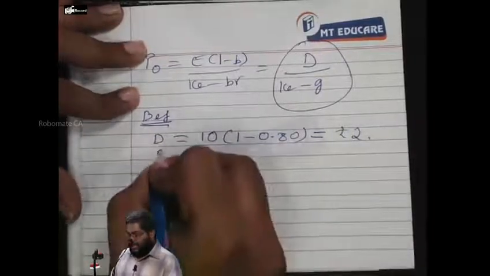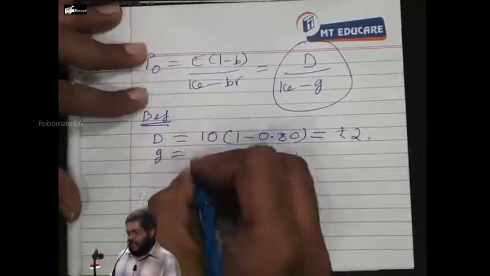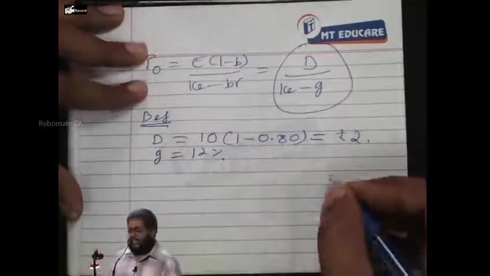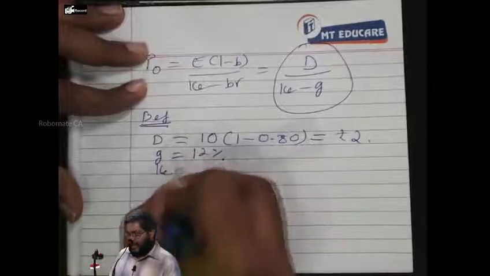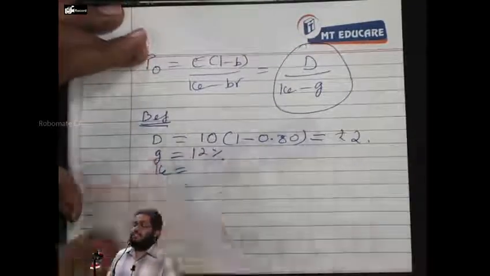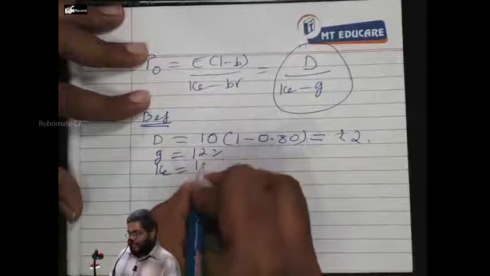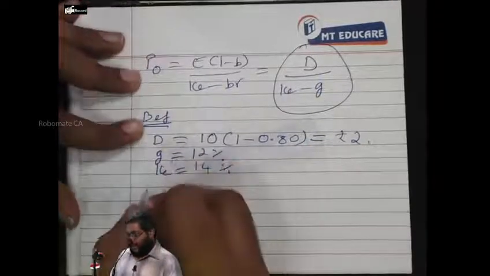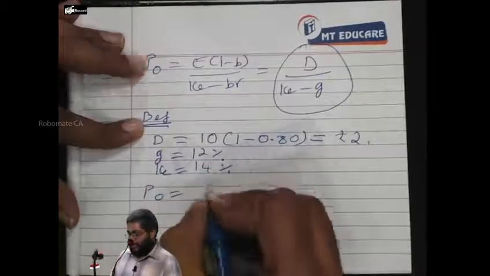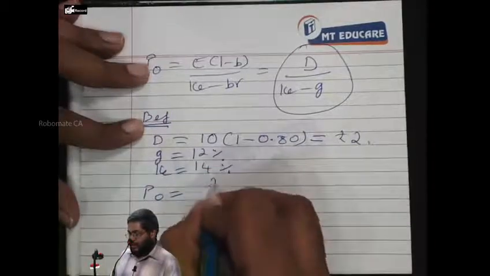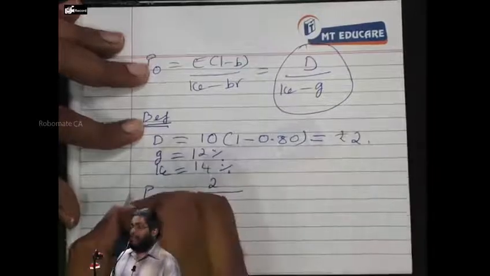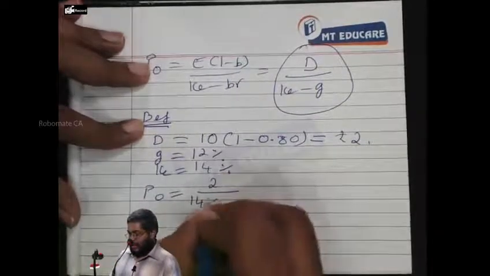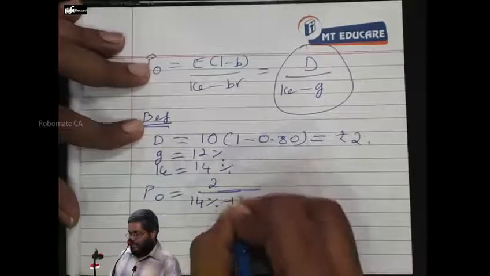When the founder was there, the growth rate is 12%. And the KE is already known: the investor always expects how much percent return from the company? 14%. We all know the formula. P0 is equal to D, pound sterling 2, divided by KE minus G, 14% minus 12%.